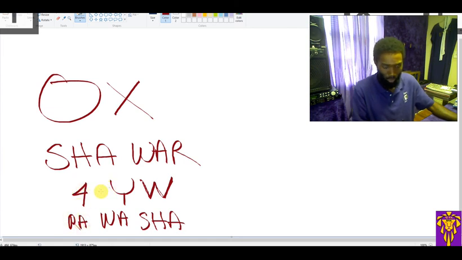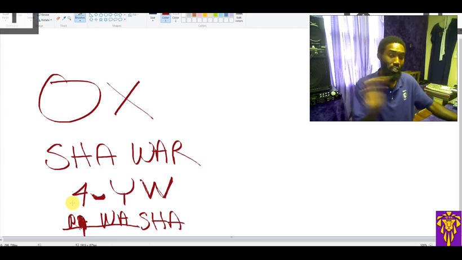Wa and R are joined together. Sha and wa, these two are joined. Once these are joined, you already know that last consonant, that Ra, that A is most likely going to drop. So that's how you would spell ox in the ancient Paleo-Hebrew from right to left.